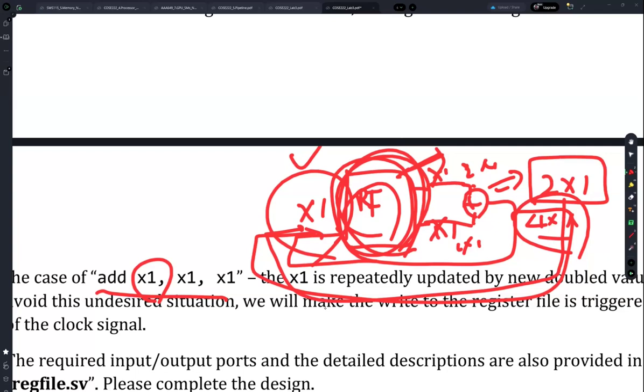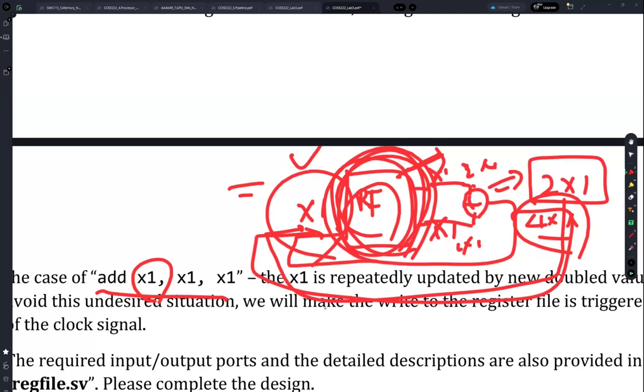And this is called a combinational loop. If we do not use a clock signal for the write process, this register file is combinational logic. And if a combinational loop is generated, values are updated again and again through this loop.